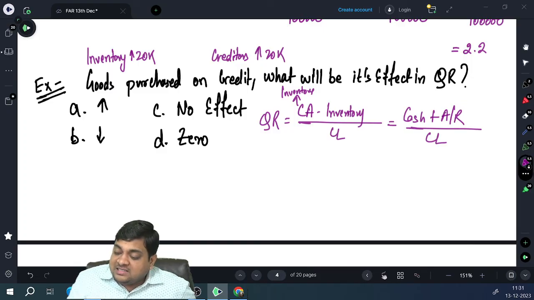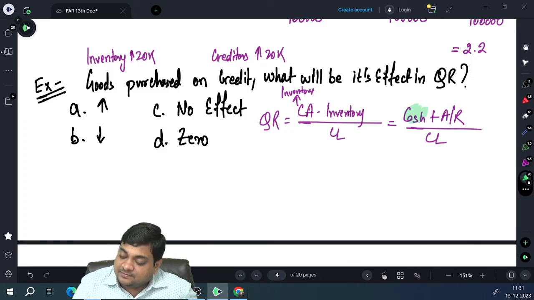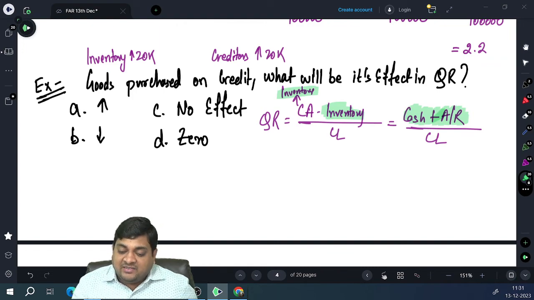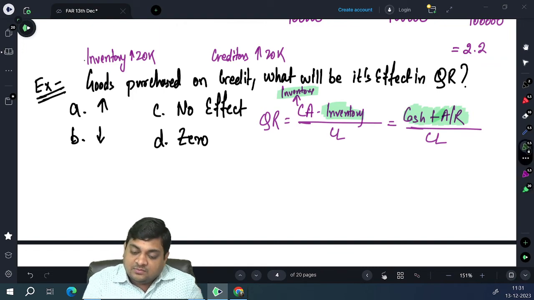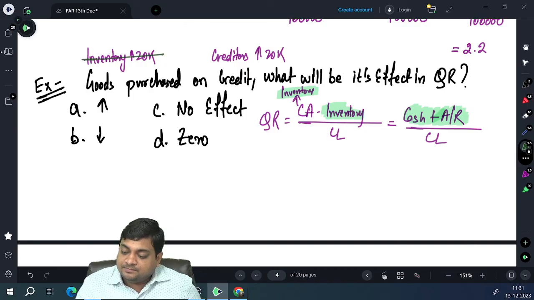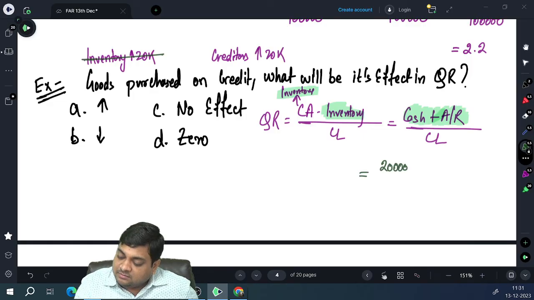So these two are considered as liquid assets. In current asset, inventory is taken, so we are subtracting it. So basically we are not taking inventory here. So this will not be taken. So what is happening? Earlier it was 2 lakh, suppose.